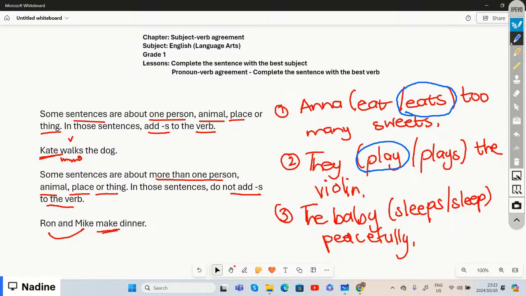The baby is one person, so we can say the baby sleeps peacefully. So this is but a few examples of subject verb agreement.